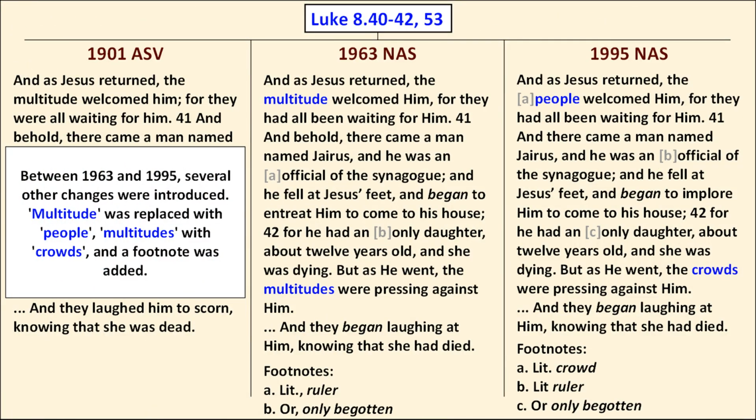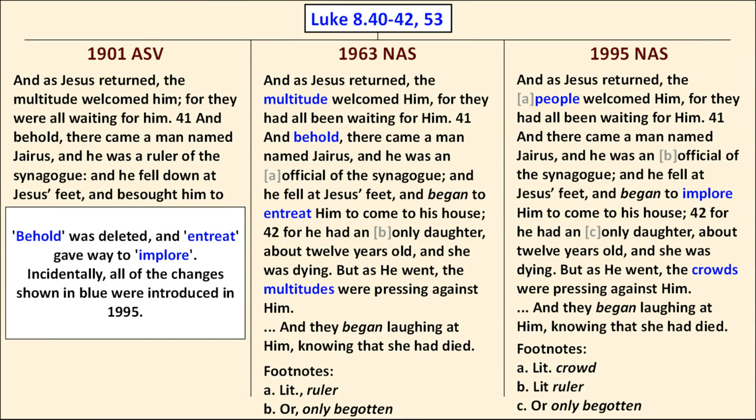Next, let's glance at the changes between 1963 and 1995. First, the word "multitude" lost its place in favor of "people," and "multitudes" became "crowds." A footnote was added to explain that "people" really means crowd. The word "behold" was deleted, and "entreat" gave way to "implore." Incidentally, all these changes in blue were introduced in the 1995 edition.